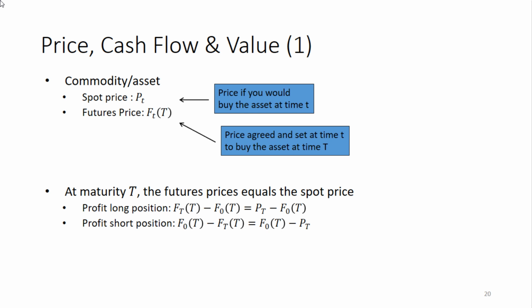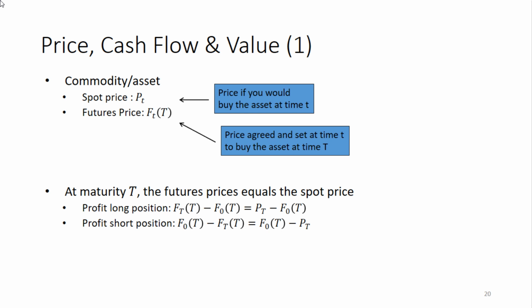So if I enter into a contract, originally the price that applies is F0,T. Then when I come to moment capital T, the price that is really applicable in the market is the spot price PT. If I'm the holder of a long position, then I profit from this contract, looking at it as a standalone security, by the difference between the actual price that prevails in the market, PT, minus the price that I agreed upon today.